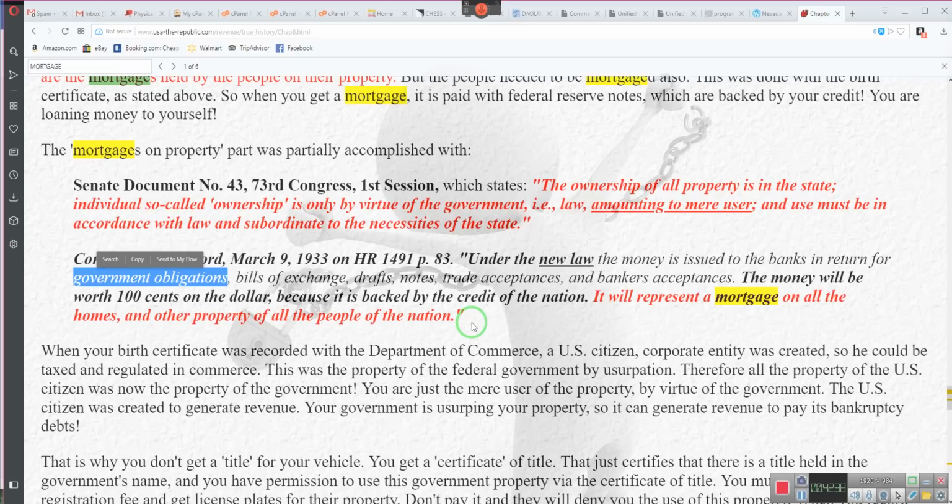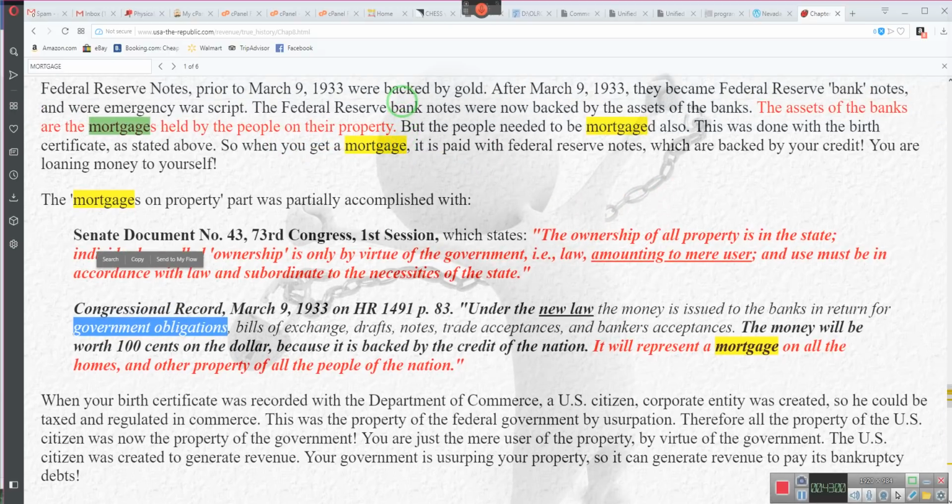But hold on, here's a problem. You don't understand. The new credit represents a mortgage on you, and all other property of all the people of the nation. People are property. That's why they're saying this right here. I didn't tell them to say this. They understood it the exact same way that I understood it.